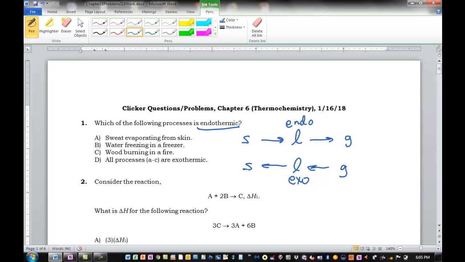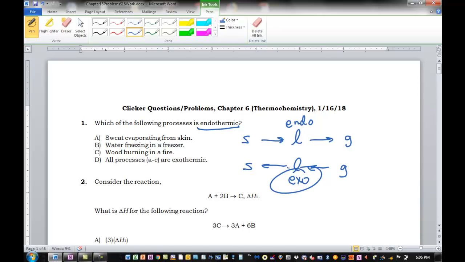Remember, gas particles, for example, are moving very quickly, in constant random motion, constantly colliding with each other and the walls of the container. We've got to pull that kinetic energy out of the gas so that the attractive forces of the liquid can take over and it can condense. So we have to get energy out. It has to be transferred from the system out to the surroundings. That is exothermic.